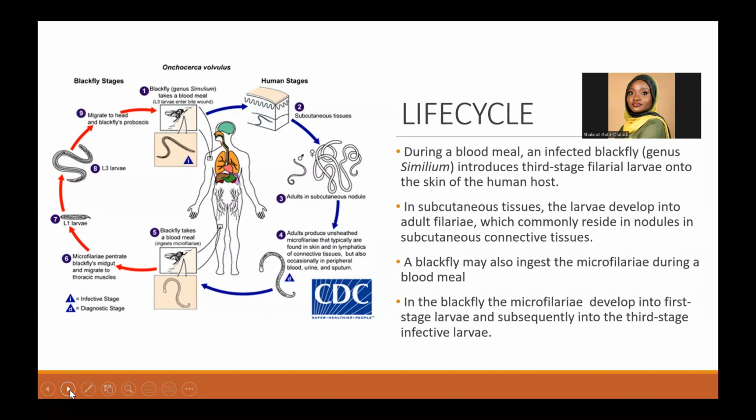Now, this adult worm will stay in the skin and continue to grow and then begin to reproduce after some time. So you can see that the larva becomes the adult nodule, and then this begins to produce the babies, that's the microfilariae, which are the ones that then begin to circulate in the body and can go into different parts of the skin, also into the lymphatic vessels, also sometimes the blood, urine, and sputum.